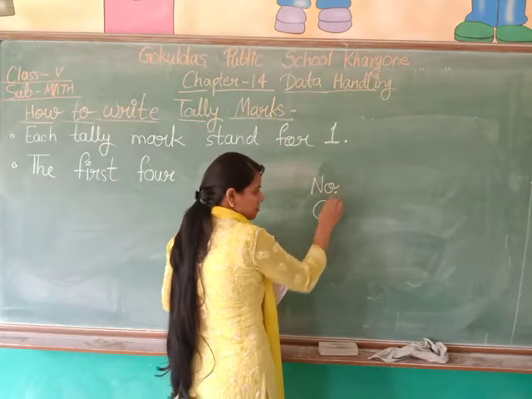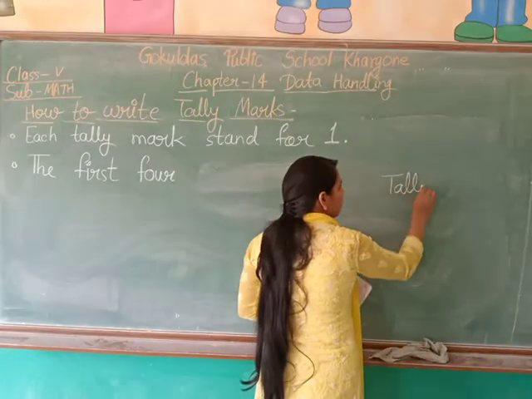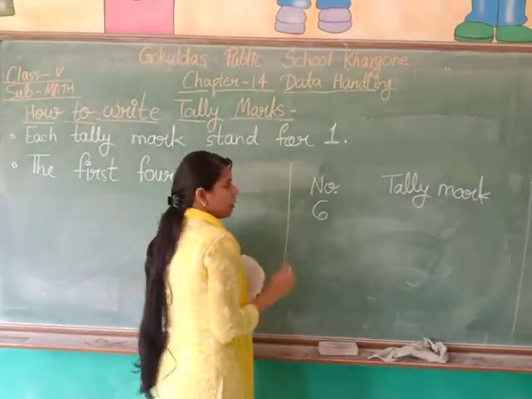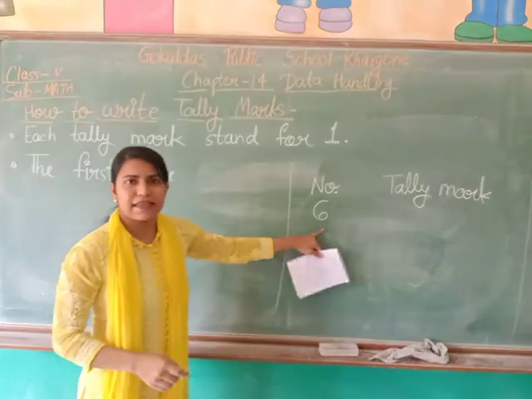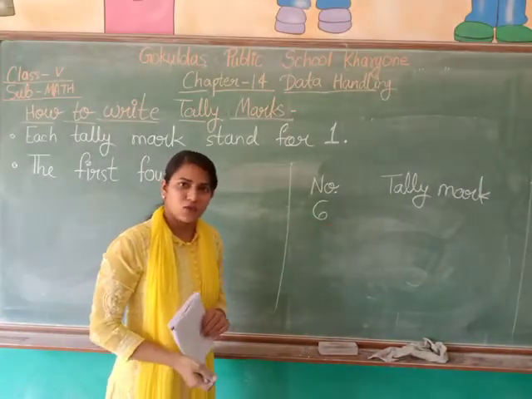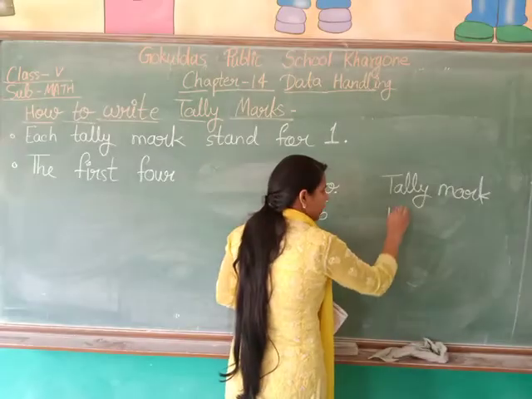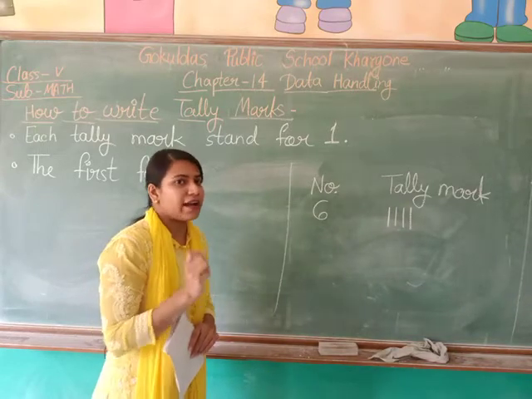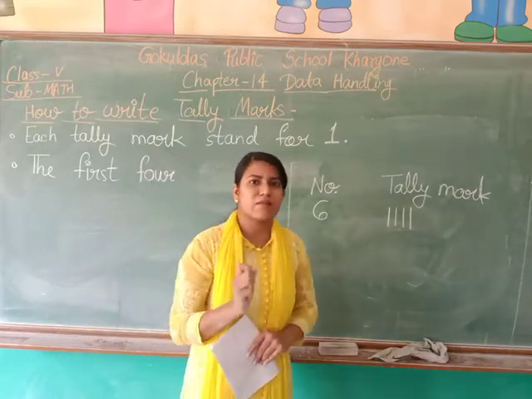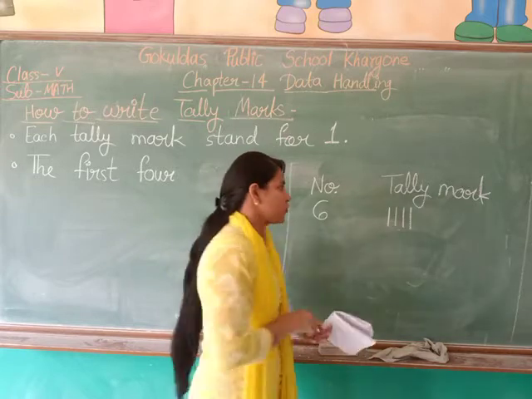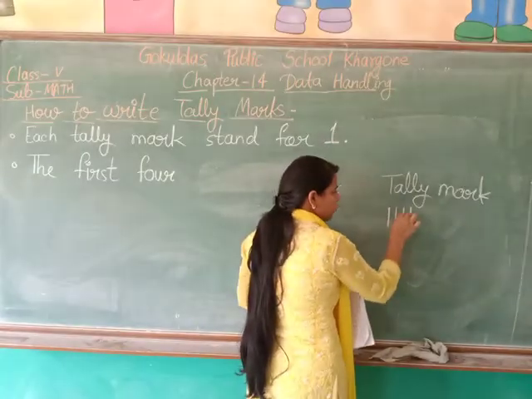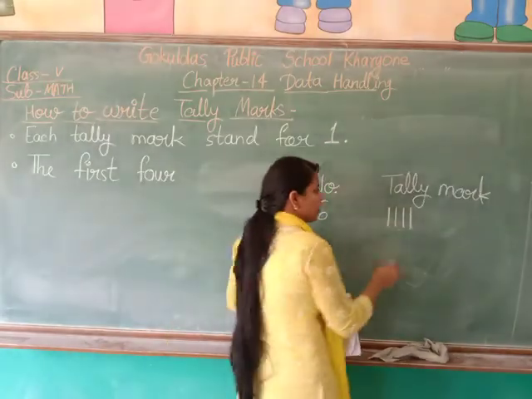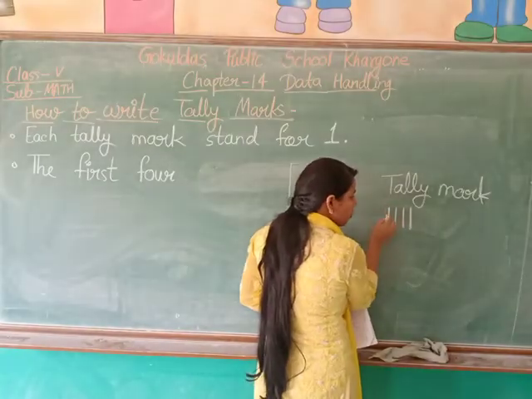Our number is 6 and we want to write it with tally marks. 1, 2, 3 and 4. 4 sticks I will draw vertically and 1 stick I will draw from the top of the left.